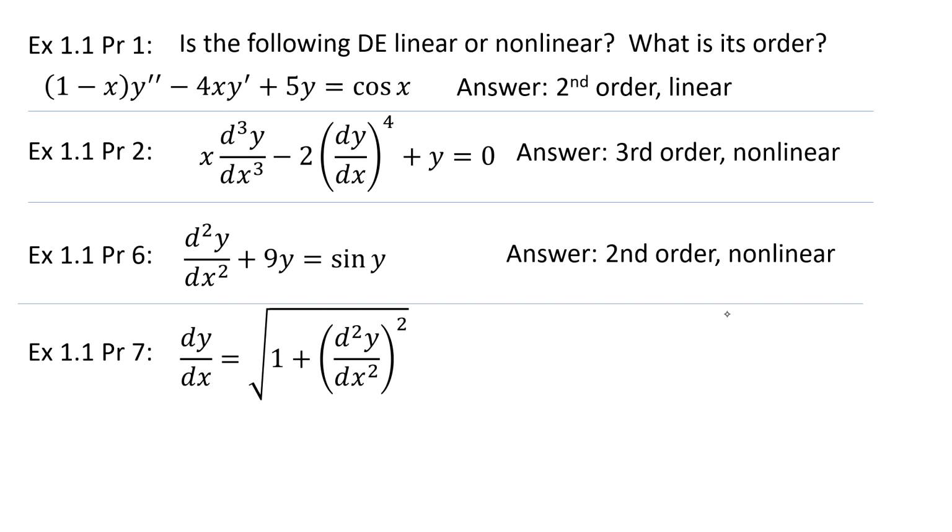The right-hand side, isn't that simply 1 plus d^2y/dx^2? When you take the square root, doesn't the right-hand side simplify to 1 plus, the square root of 1 is 1, the square root of d^2y/dx^2 is just d^2y/dx^2, the square disappears. So isn't that just 1 plus d^2y/dx^2?